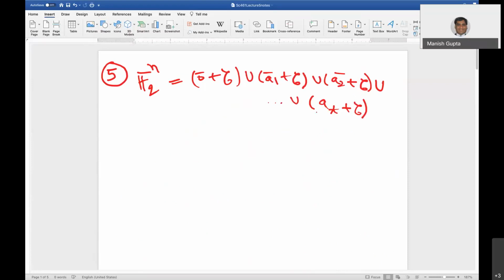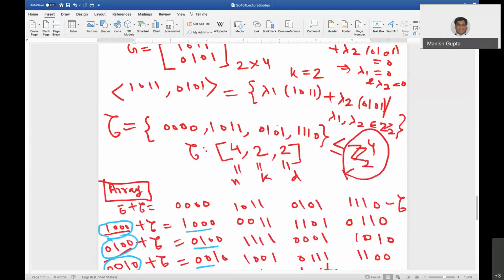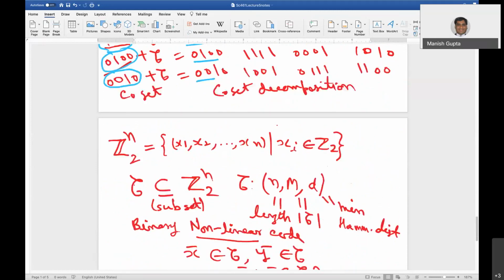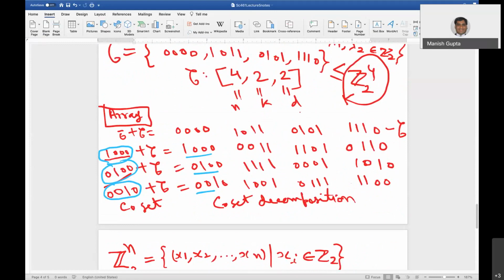How many cosets are possible? I mean, how many T's will be there? Obviously, T will be q raised to power n minus k, minus 1. What is the reason for this? In this example, you can see that the size of C is q raised to power k in general. And the total number of vectors in the space is q raised to power n.